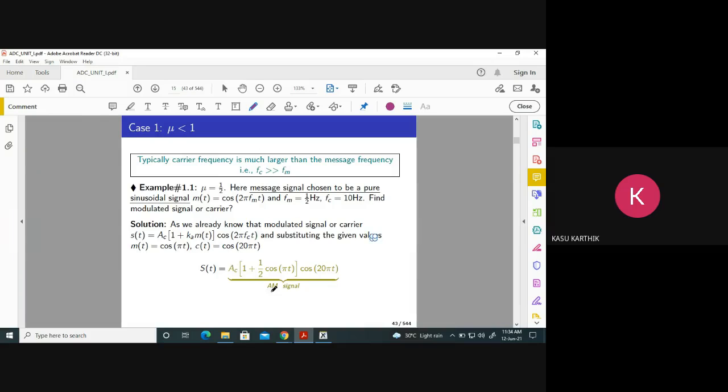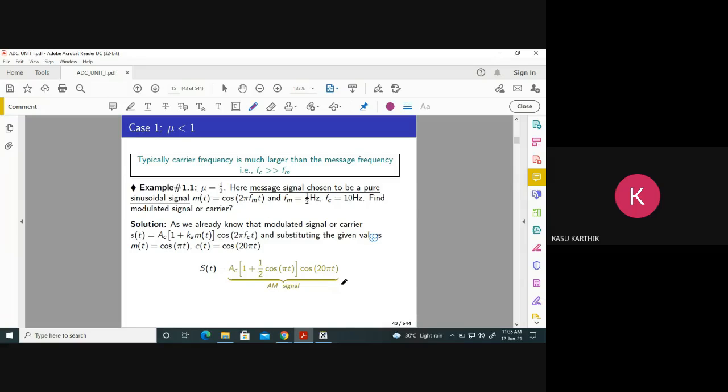So this is your AM signal equation. Ac is not given to you, so keep it as it is. 1 plus mu, where mu is 1 by 2, times cos 2 pi fm t. Here fm is 1 by 2, so the 2 cancels, giving cos pi t, times cos 2 pi fc t. fc is 10, so 2 into 10 gives 20 pi t.